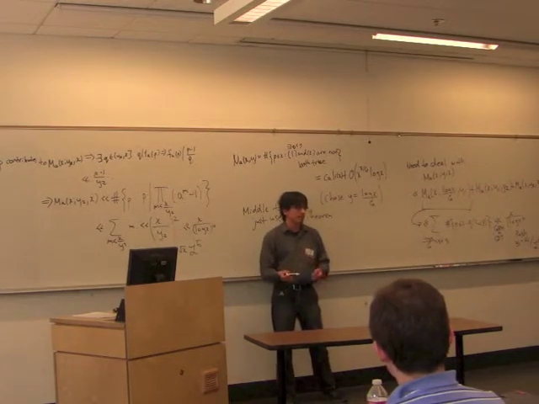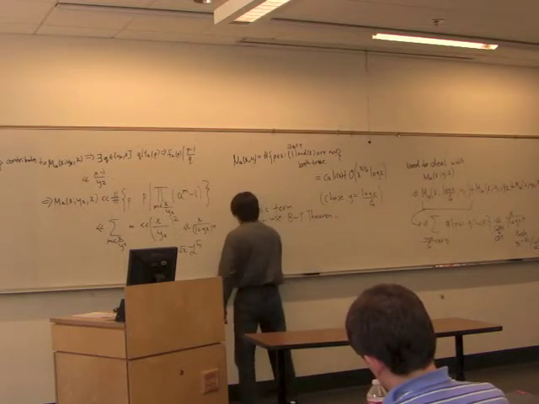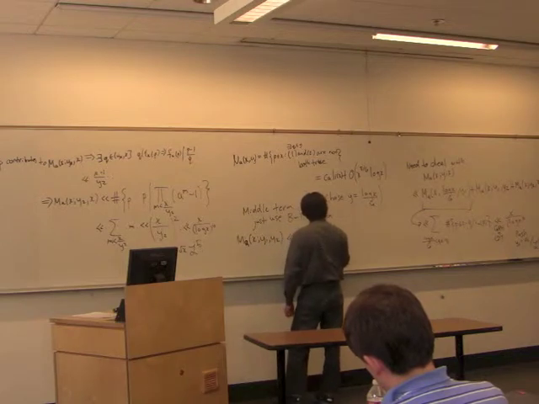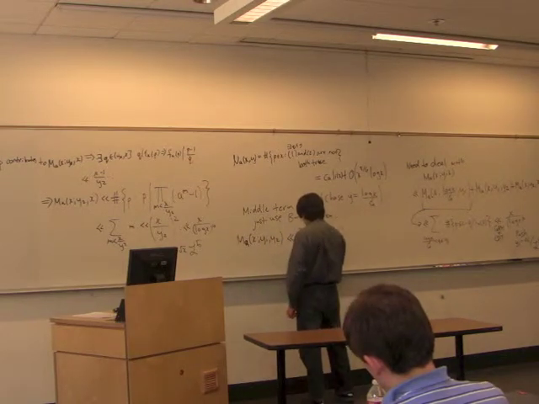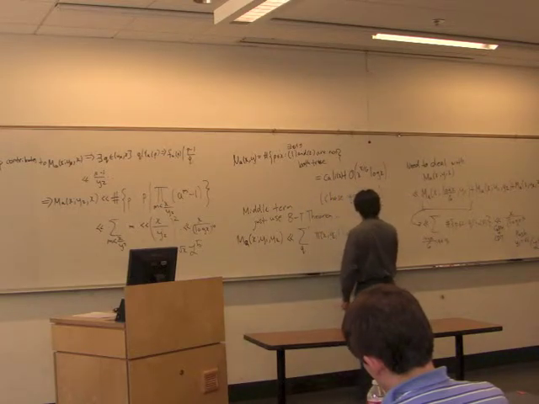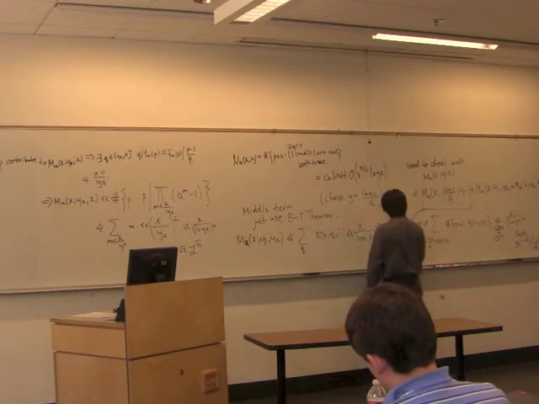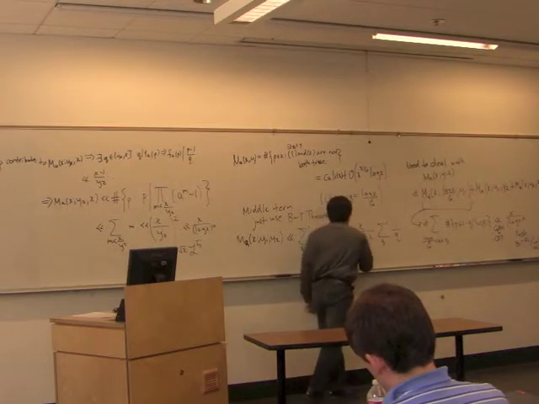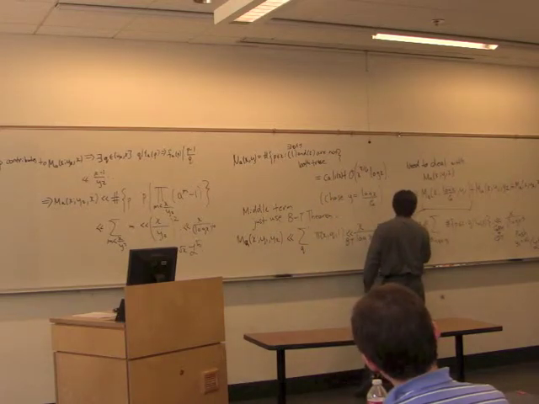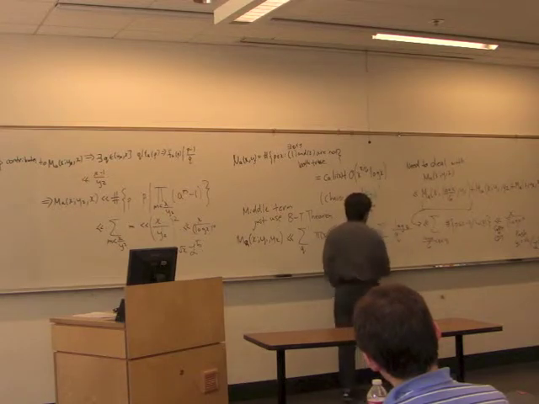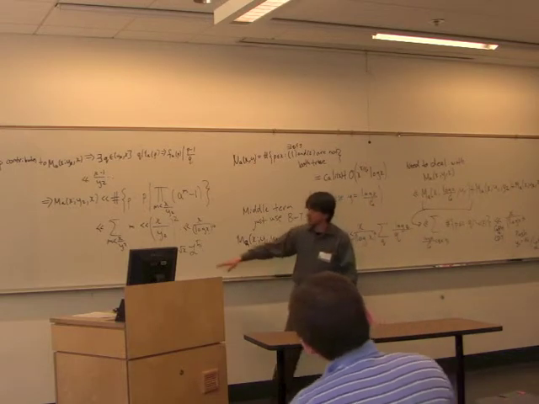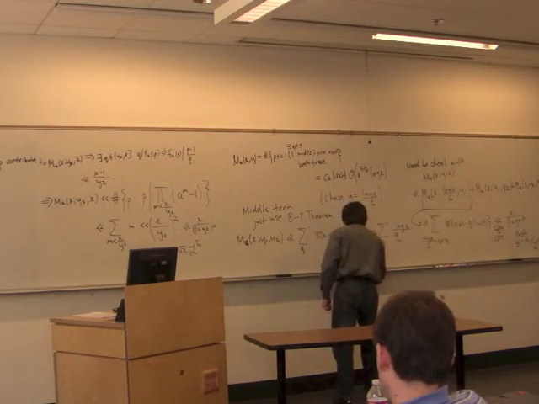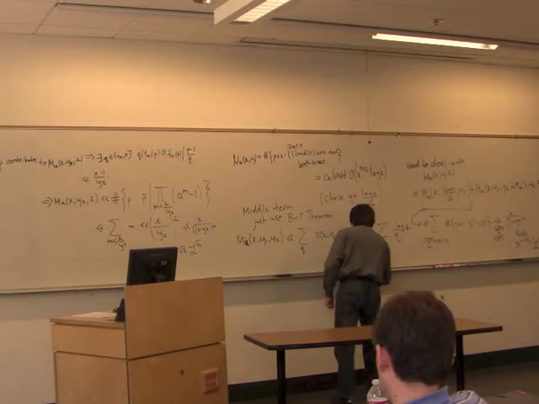So Brun-Titchmarsh will give you the appropriate error term. Now you just perform this nice little trick. You multiply by log q and you divide by log x squared. In this range, log q behaves like log x, so there's nothing to worry about. And so this gives us x log x over log x squared.